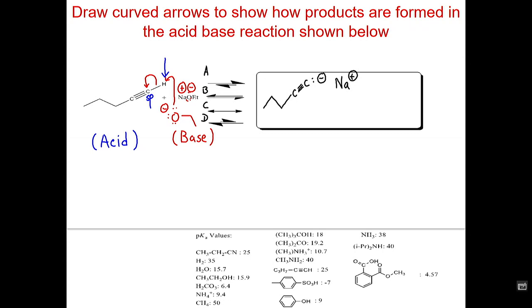The ethoxide ion, OEt minus, grabs a hydrogen, so it would form ethanol. Which you can also write as Et.